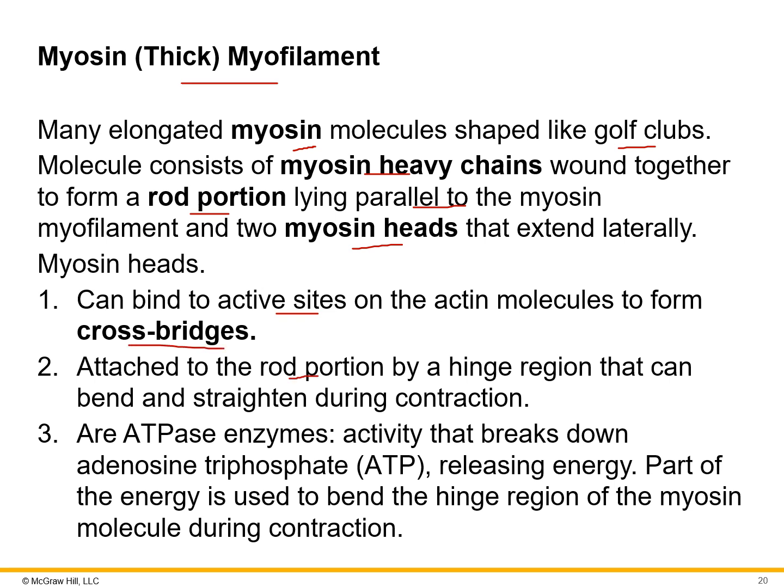They're attached to the rod portion by what's called a hinge region that can bend and straighten during contraction. As we move through the steps of contraction, we'll see this a little bit more. There are also ATPase enzymes, which break down ATP to release energy needed for the contraction. And part of that energy is used to bend the hinge region of the myosin during the contraction.